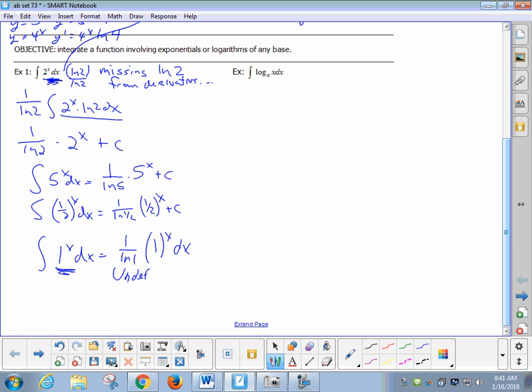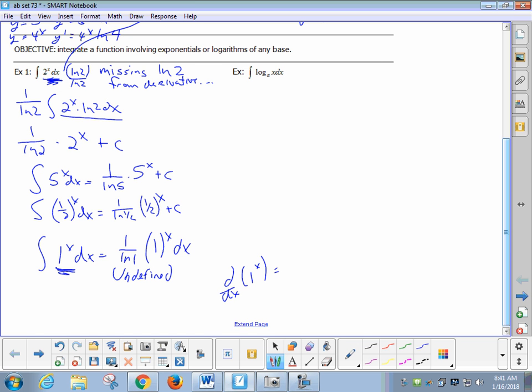Log of 1 is 0, and that's an undefined denominator of 0. Let me think more about that. What's the derivative of that? 0. Well, no, it's undefined because it's equal to that line.